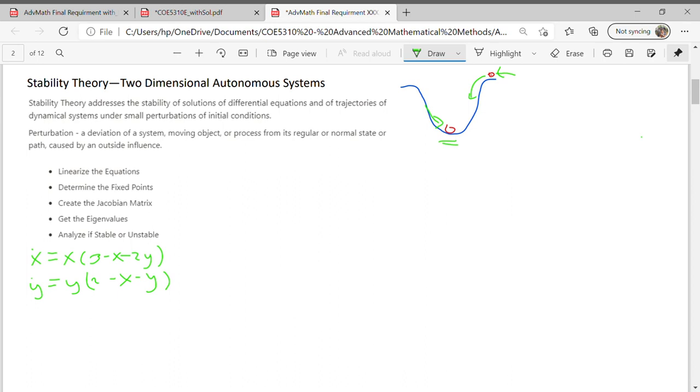So the first function, dx/dt, we say is a function of x and y, f(x, y). And the second one is a function g(x, y). Okay?